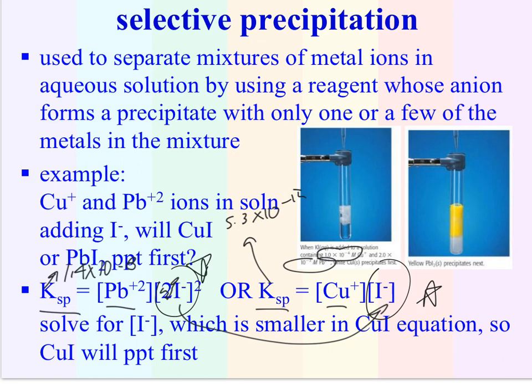So the CuI is going to precipitate first, because the iodide ion is needed in smaller quantities to cause that precipitation. Depending on your Ksp values and your quantities, that dictates how you can utilize selective precipitation to separate out substances.